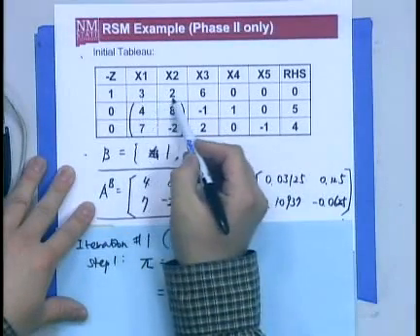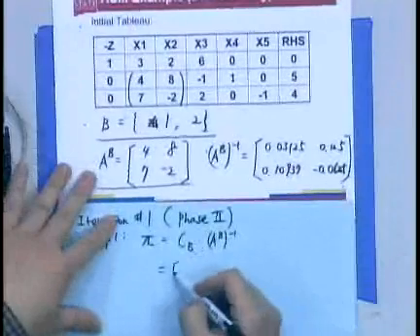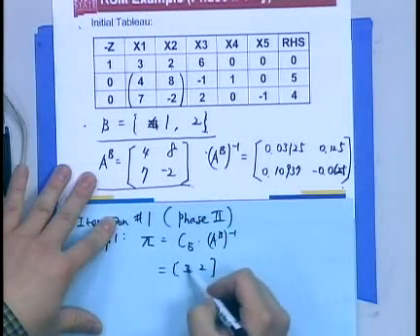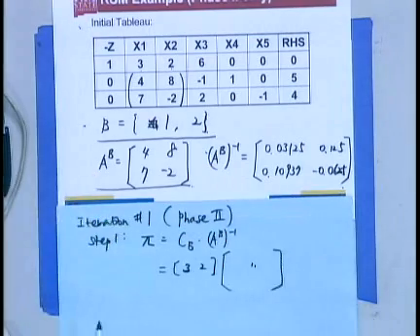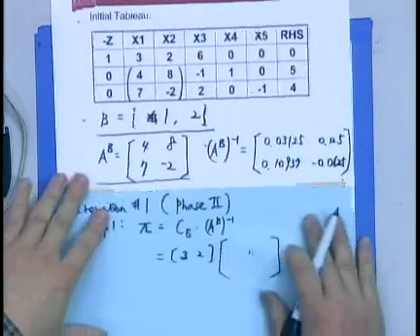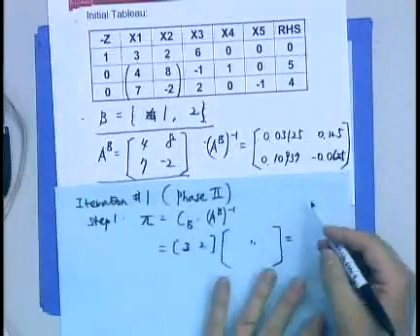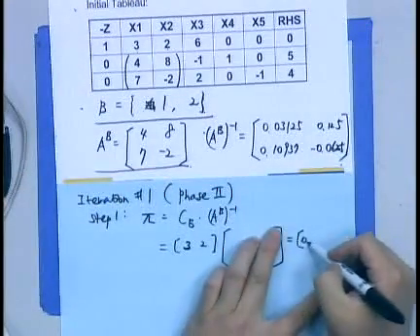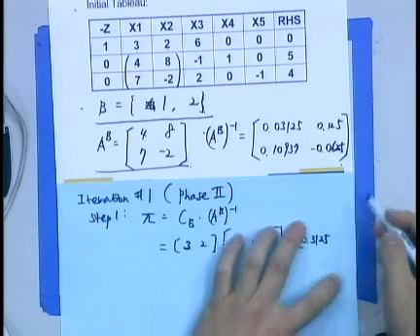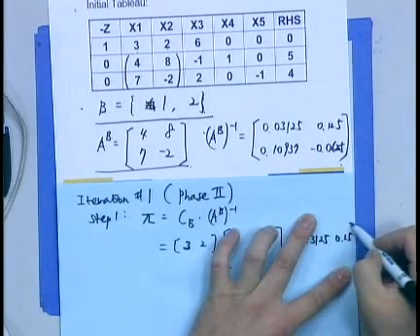That is 3 and 2, right? The basis inverse matrix here. Then the simplex multiplier vector becomes 0.3125 and 0.25. Okay?